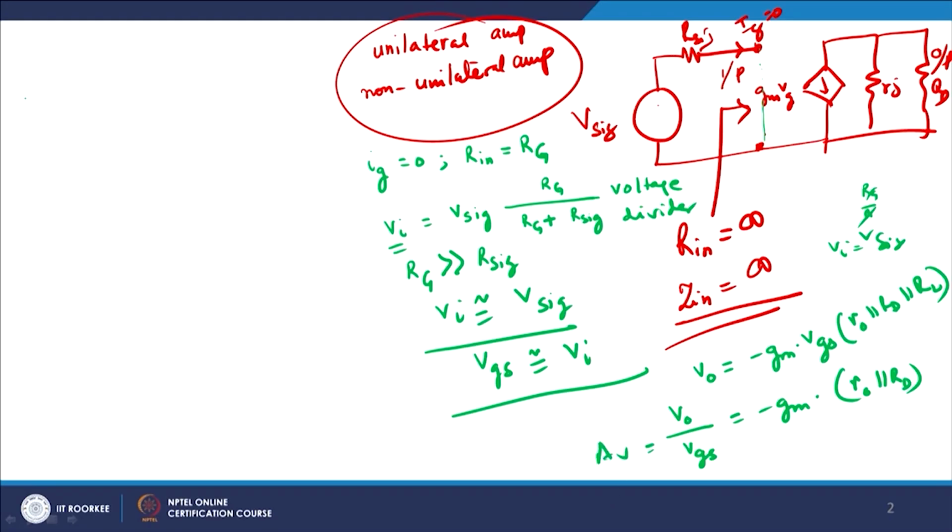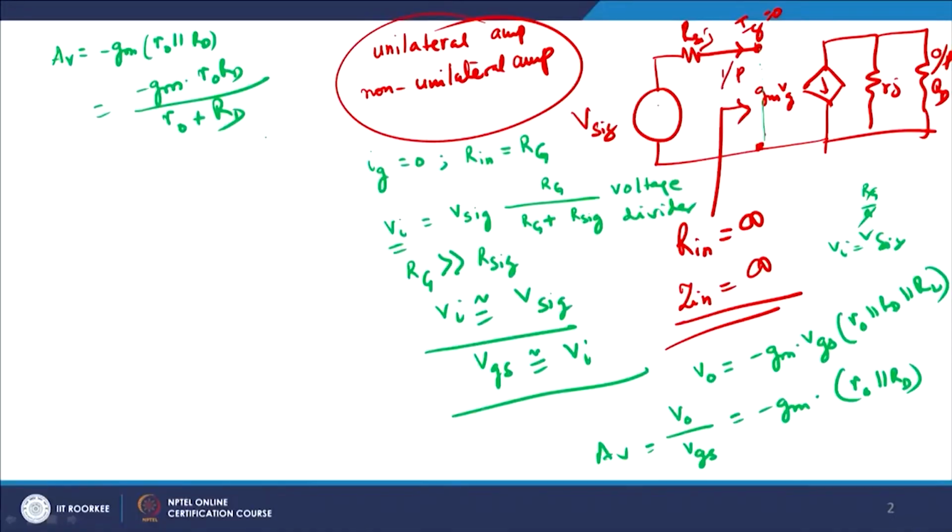So the voltage gain AV for a common source amplifier is Gm times Ro parallel to Rd, and therefore if you solve it, I get minus Gm times Ro Rd divided by Ro plus Rd. Is it clear? So if you want to find out the effect of Rd, for example, then simply divide numerator and denominator by Rd, and you get minus Gm times Ro divided by 1 plus Ro by Rd.